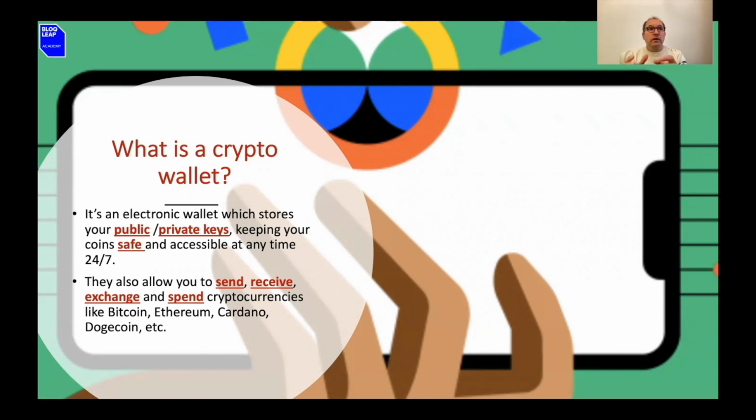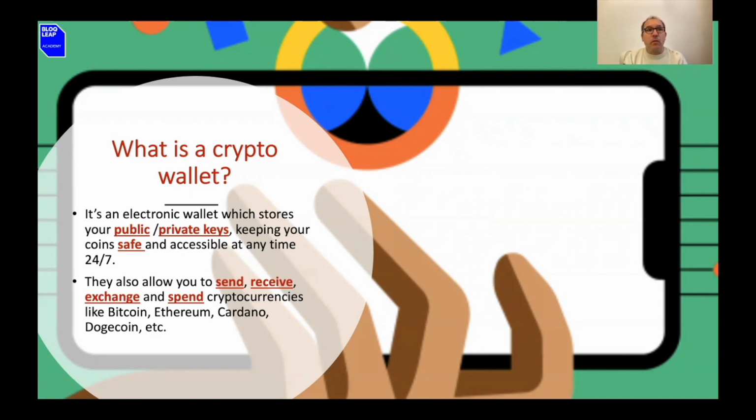So you store your cryptocurrency in this wallet, and the very important aspect of it is what's keeping this wallet safe is a pair of public and private keys. We will see that in the next chapter. And what's good with this kind of wallet, in difference with the bank, for instance, your bank account you can access 24/7, your money, your coins.